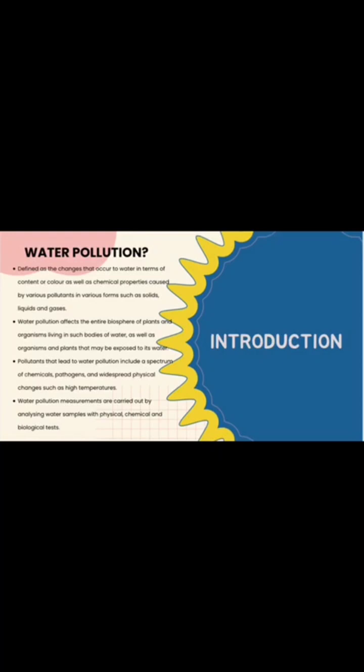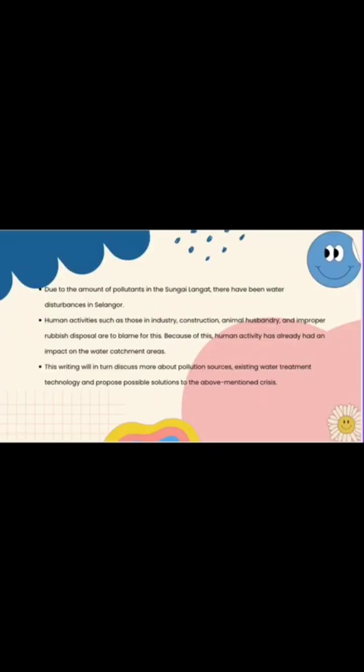Water pollution affects the entire biosphere of plants and organisms living in such bodies of water as well as organisms and plants that may be exposed to its water. Pollutants that lead to water pollution include a spectrum of chemical, pathogen and viscous physical change such as high temperature. Water pollution measurements are carried out by analyzing water samples with physical, chemical and biological tests.